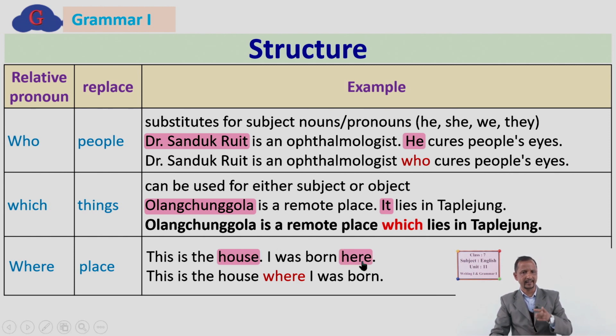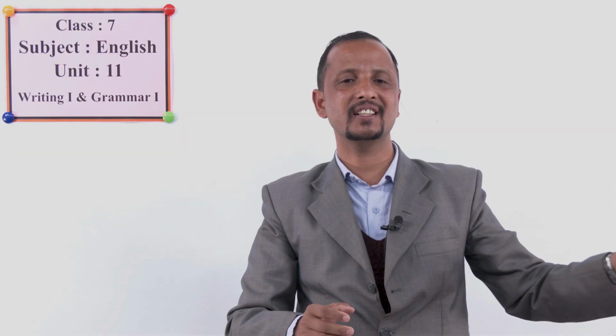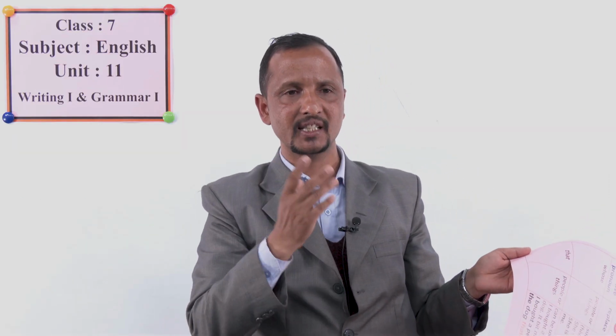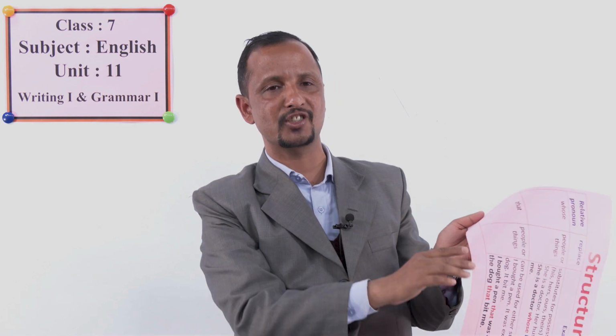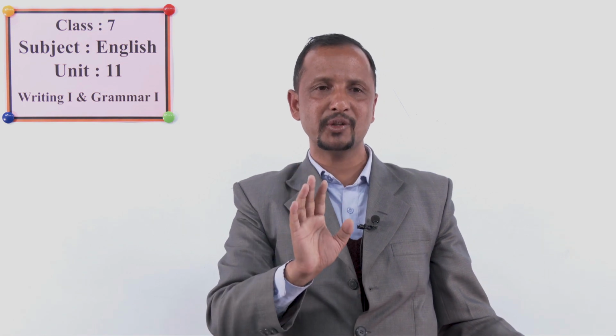Where is also for place. So, place is replaced with what? Where. There is the relation. So, in this way, we can join two sentences into one. How we have to replace, dear students, I have shown you. And I am going to show you another on the whiteboard, you can see over there.